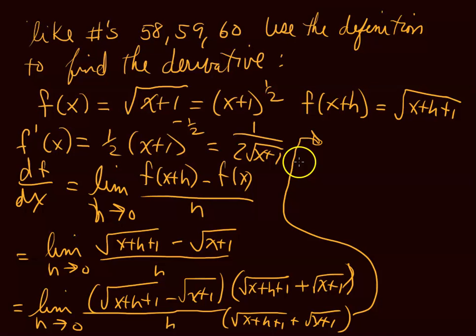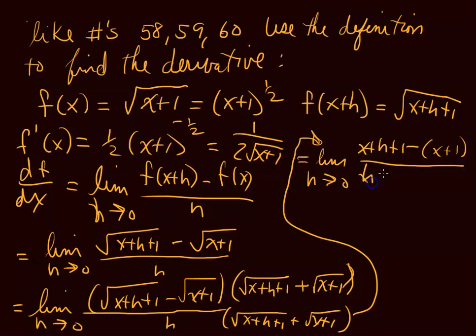So this is the limit as h goes to 0. The square of the square root is just x plus h plus 1 minus, got to be careful here, put in parentheses, x plus 1, and the denominator I'm just going to write as h times the square root of x plus h plus 1 plus the square root of x plus 1.